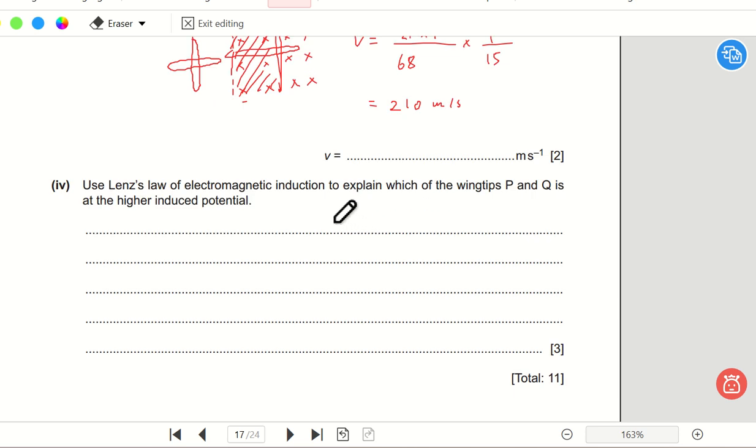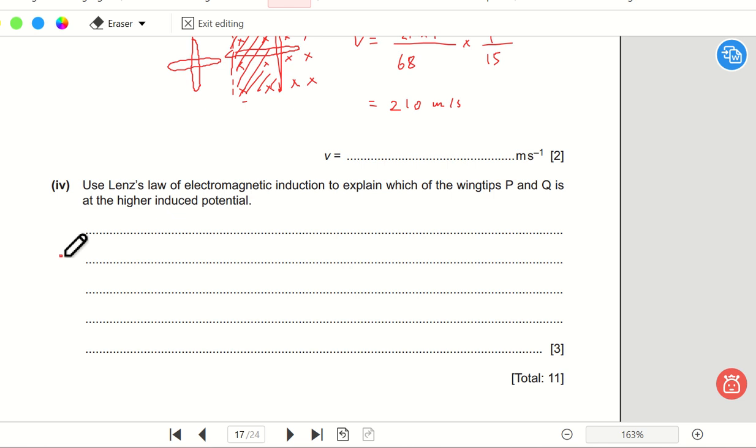Use Lenz's law of electromagnetic induction to explain which of wing tips P and Q is at the higher induced potential. Let me emphasize something.